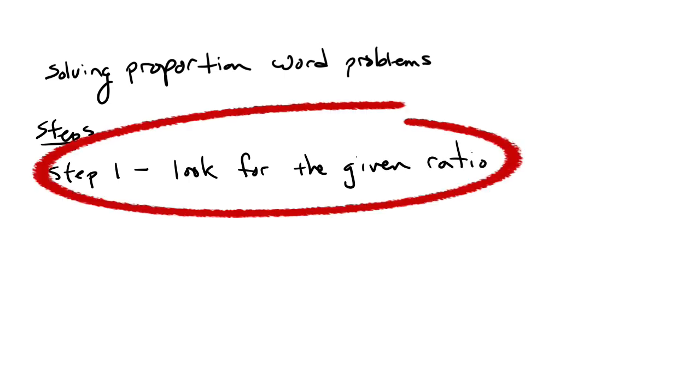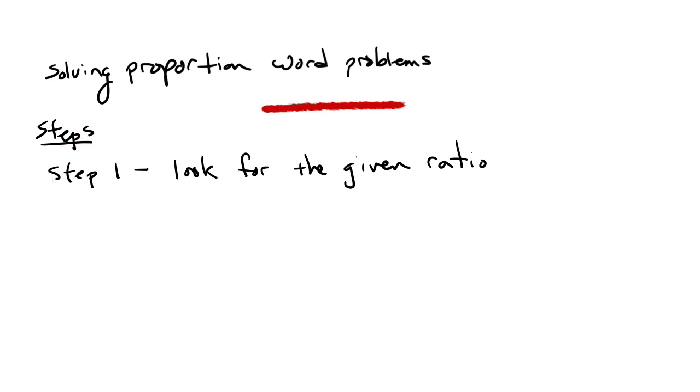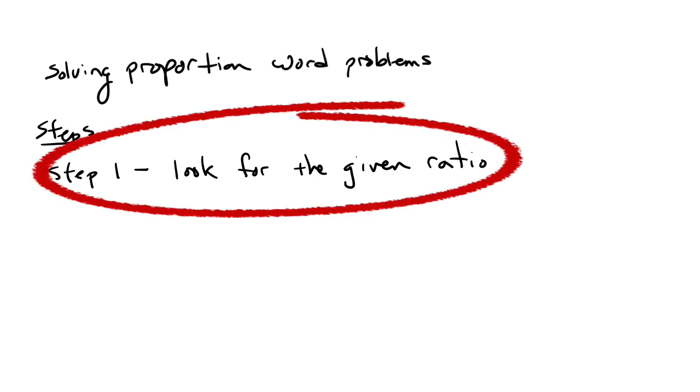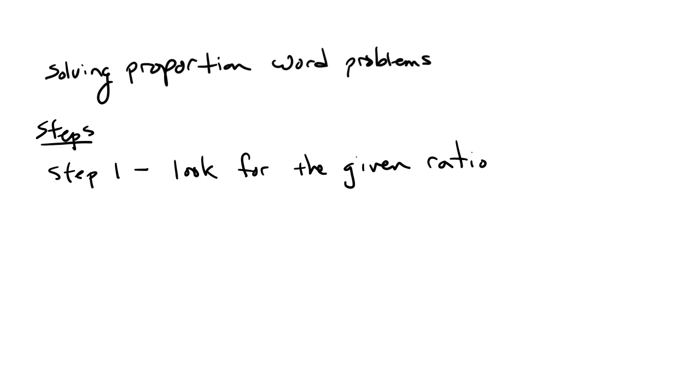There's going to be a ratio in the word problem that's given to you. Miles per 1 hour, $3 for every euro, 2 cans cost $7. Some sort of ratio that's going to be given to you.